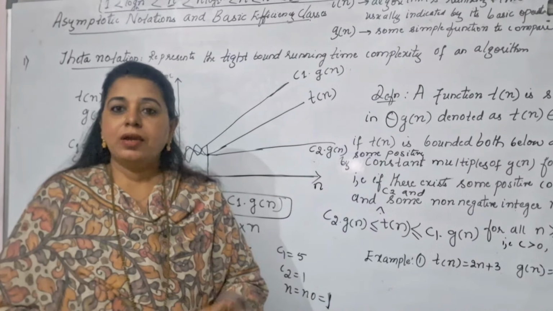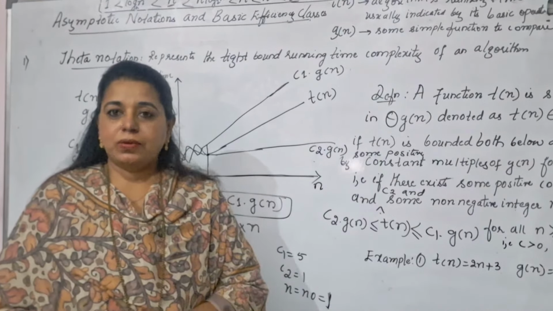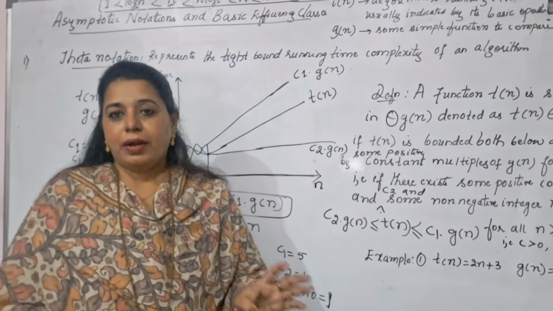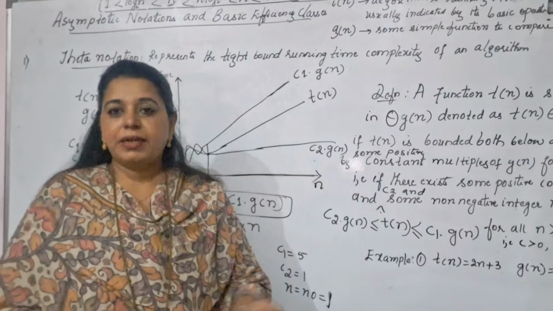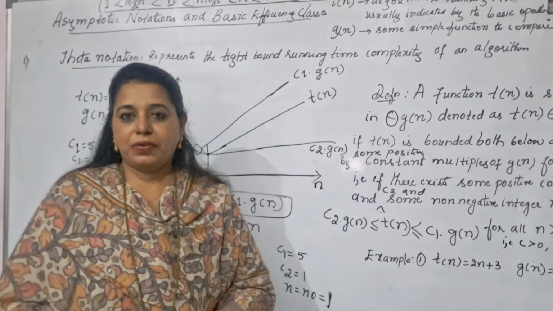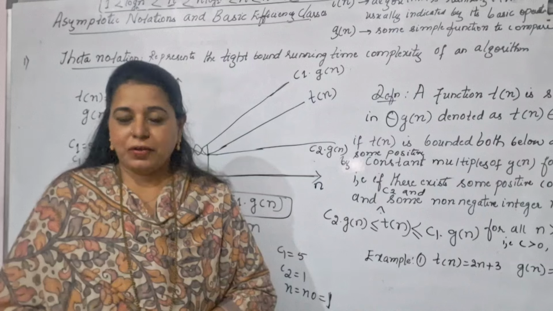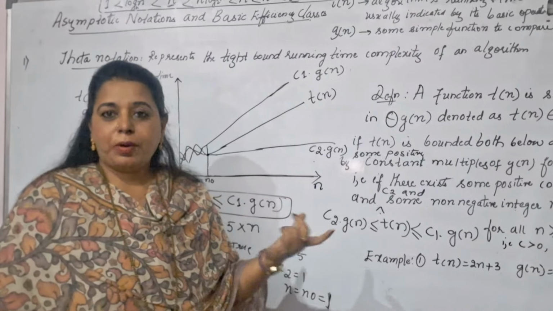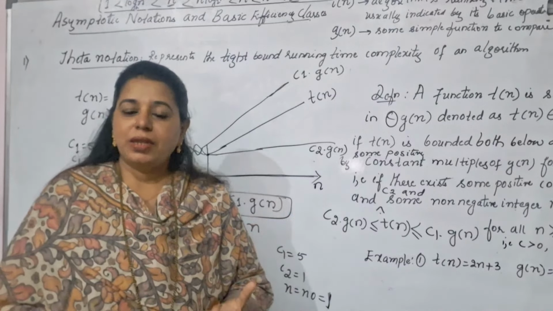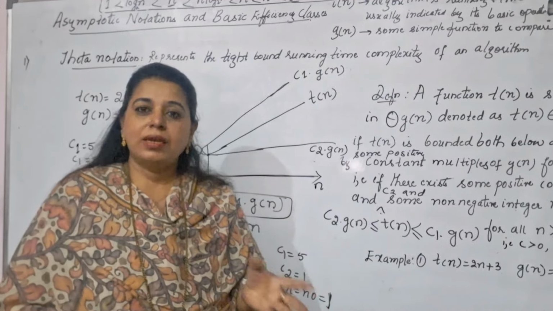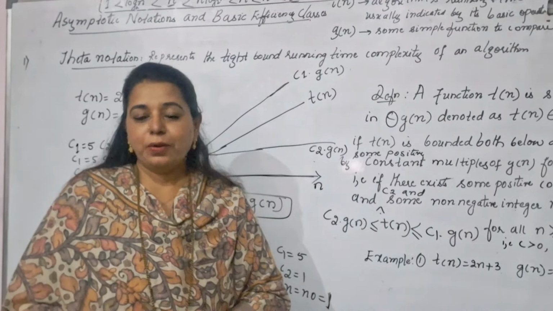Simply it will be mentioned for a given value of t of n so and so, for a given value of g of n so and so, determine the lower bound running time complexity of an algorithm, determine the upper bound running time complexity of an algorithm, determine the tight bound running time complexity of an algorithm. So you use that equation appropriately, find out the correct constants, and for what value of n and constants the equation holds good, that you need to determine.